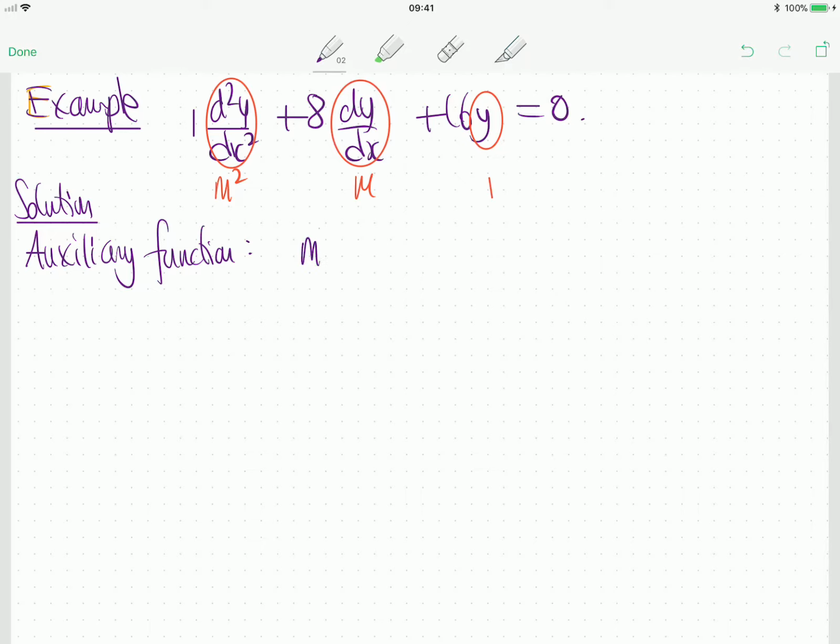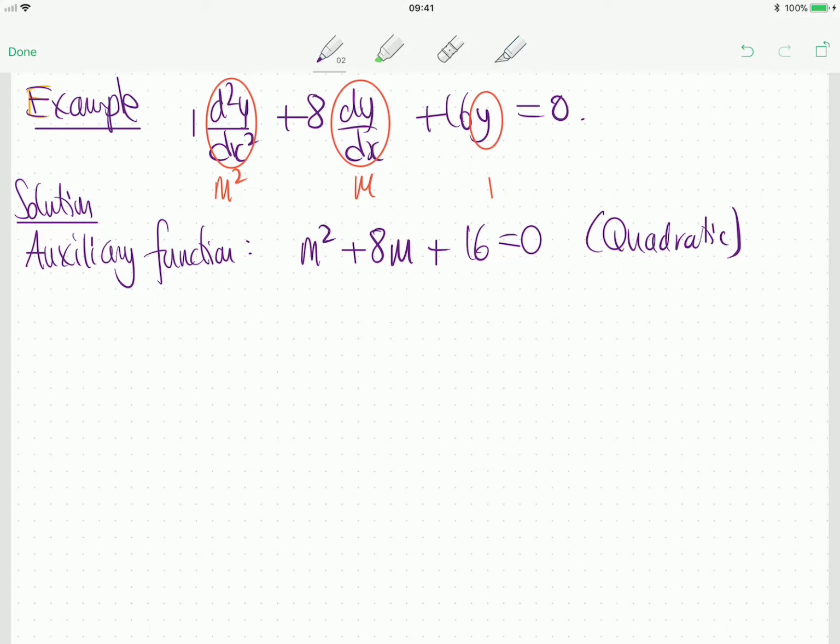So in our case, we have m squared plus 8m plus 16 equals 0. This is the auxiliary equation. It's a quadratic. And to solve this differential equation, we need to solve this quadratic.